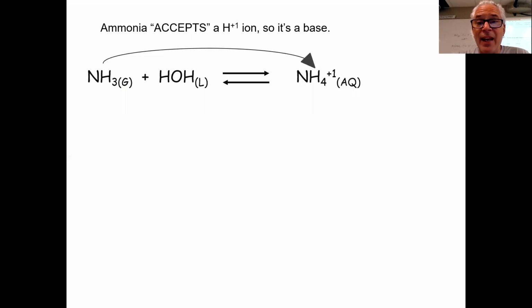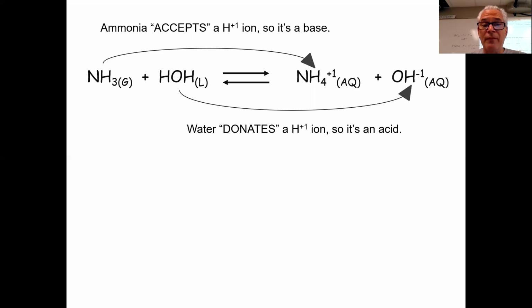It becomes, instead of NH3, NH4, but it's not really NH4, it's NH4 minus an electron. So it's really the NH3 gains the hydrogen ion. And then the leftover part of water, the water donated that hydrogen ion and the OH hydroxide shows up in solution.